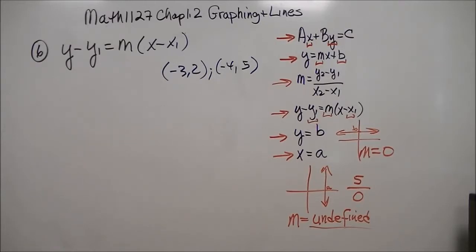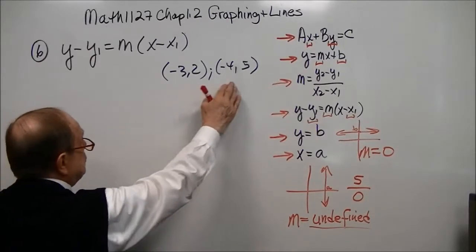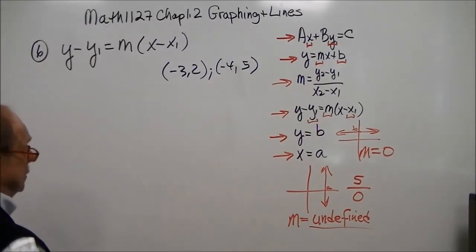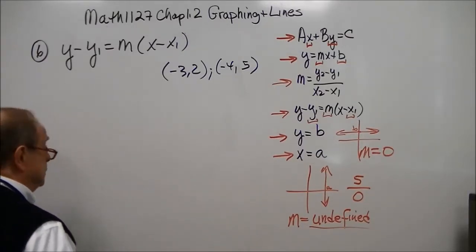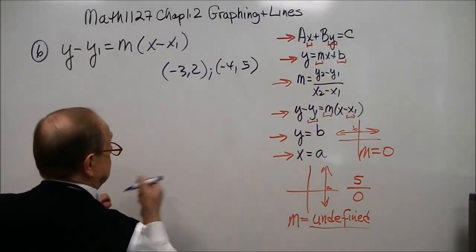Okay, continuing, second part of number 6 is where we don't have the slope, but they give us now 2 points. So what we need to do first is find the slope, which we use this formula.